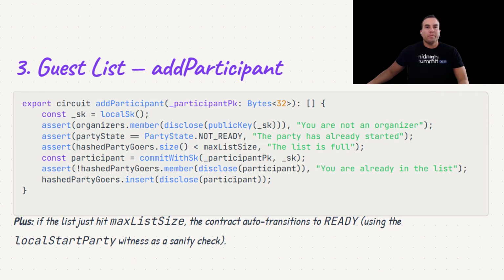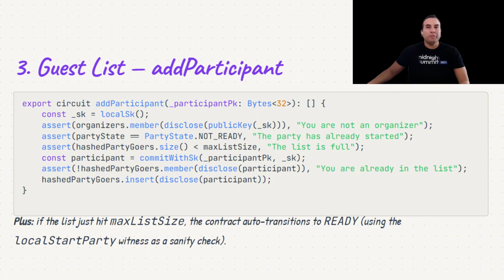Second circuit, add participant. An organizer is adding someone to the guest list. 4 checks at the door. Caller is an organizer, check. Party hasn't started, check. List isn't full yet, check. Then we build the commitment, the sealed envelope for this guest, using a helper called commitWithSk.